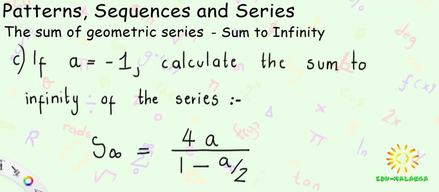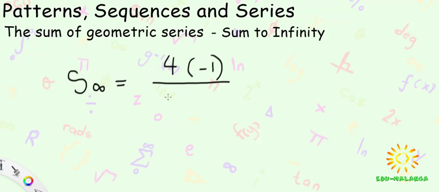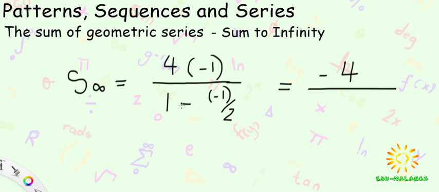The sum to infinity will then be equal to 4 times negative 1, close our brackets, over 1 minus, open brackets, negative 1 over 2. 4 times negative 1, that's just negative 4. In the denominator, we have 1 minus negative 1 over 2.